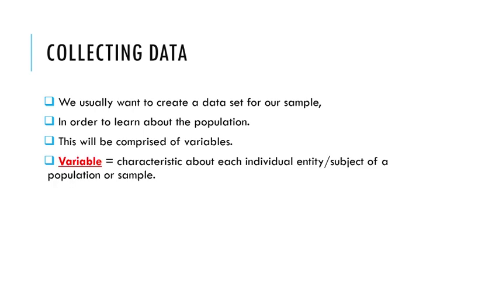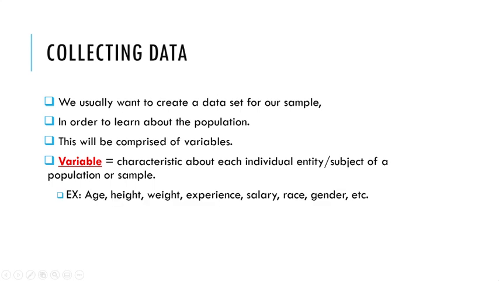A variable is a characteristic about each individual entity or subject of a population or sample. There's a lot of words in there that we understand. We understand population, we understand sample, and so our data set is going to be comprised of variables.